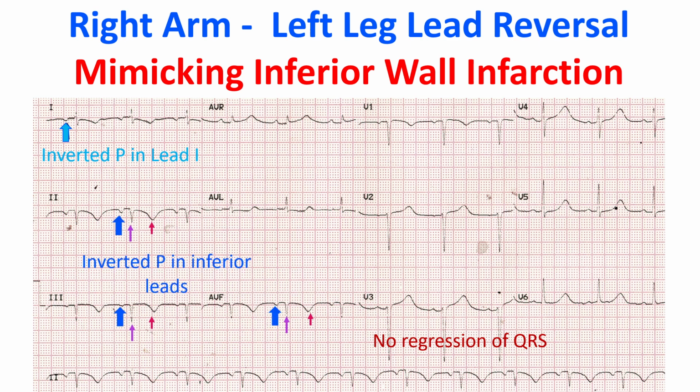Uniform negativity of the QRS complex and T waves along with P waves make one suspect a misplaced left leg electrode. When the left leg electrode is placed on the right arm and vice versa, the P wave, QRS and T waves, which usually have downward vectors, get inverted.